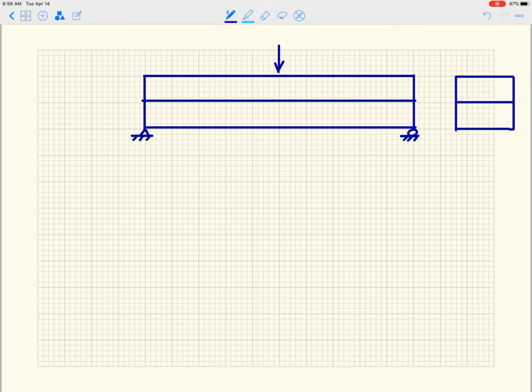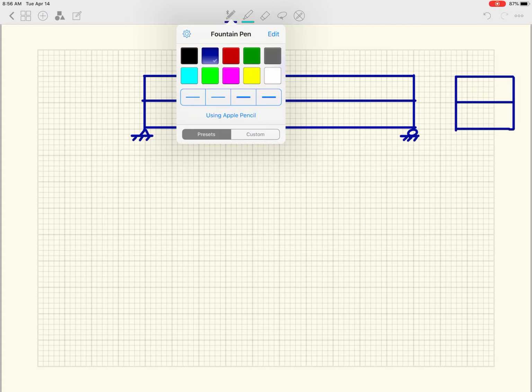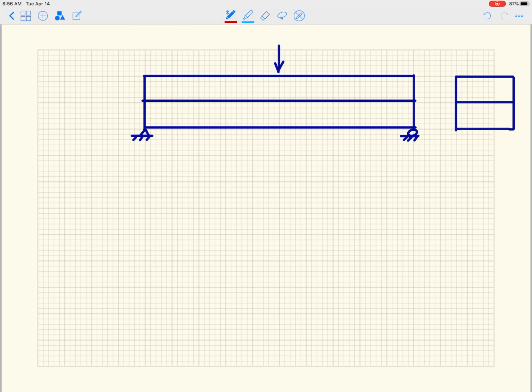What's going to happen if I bend this is it's going to bend something like this. I'm going to do my best to draw this, not completely bastardizing the deformed shape here, but it's going to look something like this.